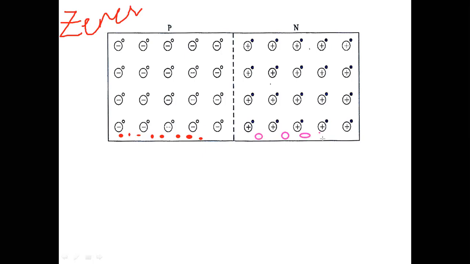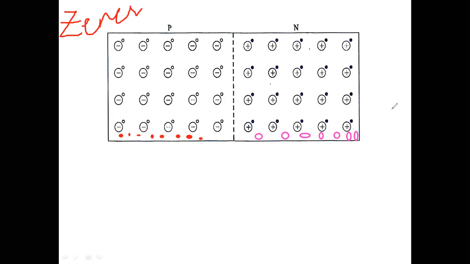Here in n-type, electrons are majority charge carriers and holes are minority charge carriers. Likewise in p side, holes are majority charge carriers and electrons are minority charge carriers. As in a PN diode, in a Zener diode also there is diffusion, because electrons move from high concentration area to low concentration area, and likewise holes diffuse from high to low concentration under no applied bias.